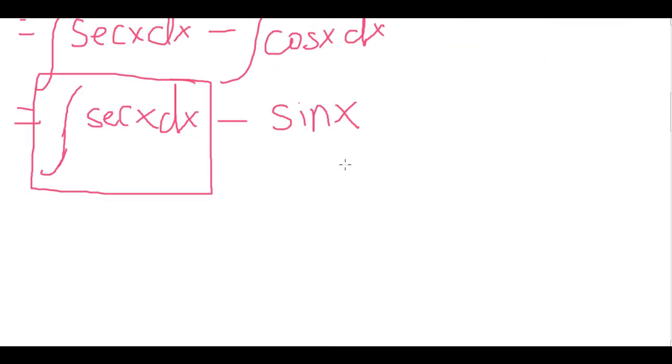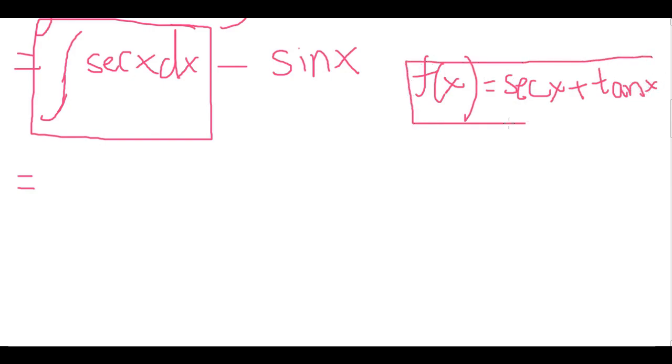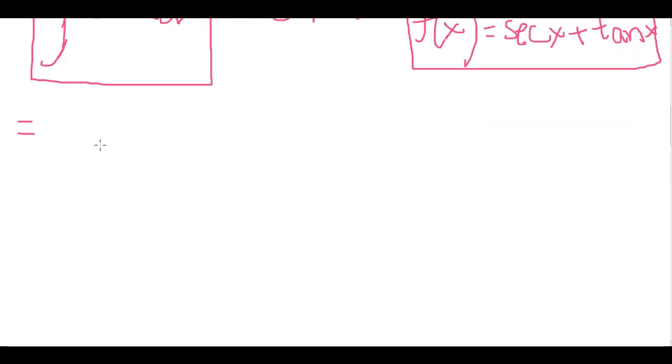So what we can do to solve this: we can write the integral of secant x dx as, let us assume f of x equals secant x plus tan x. So now we will be using this to integrate secant x.